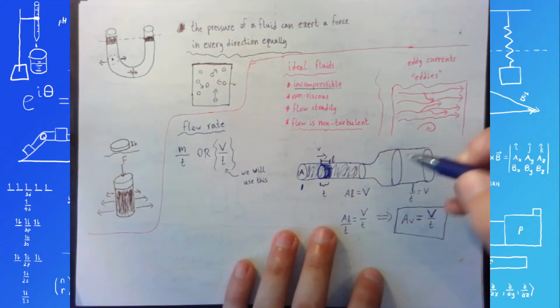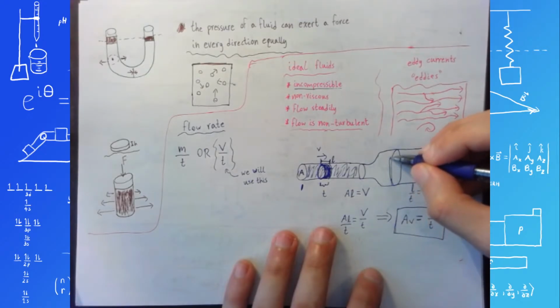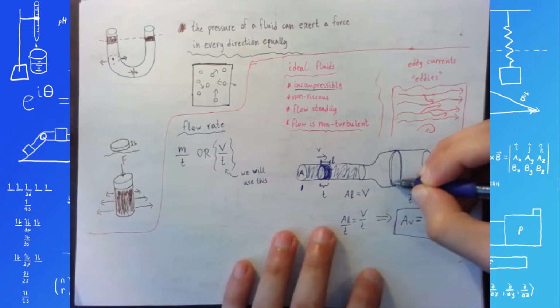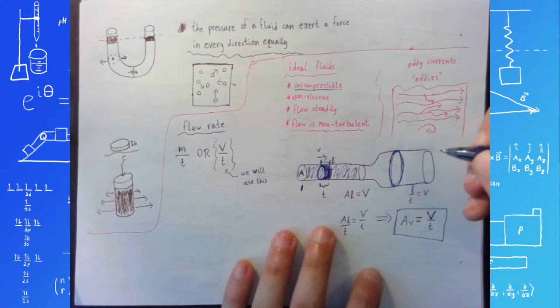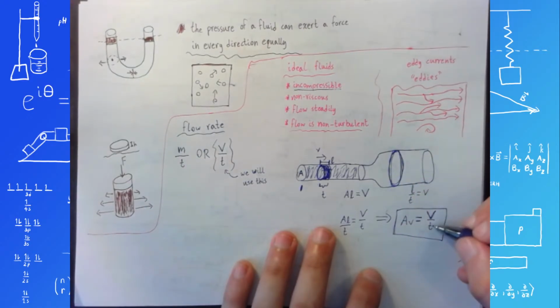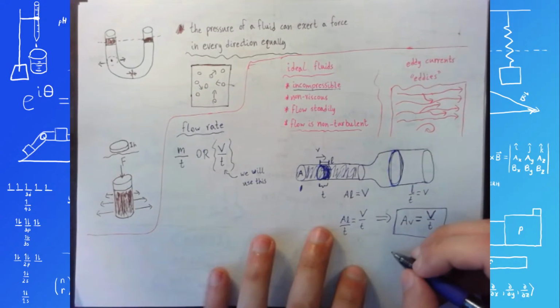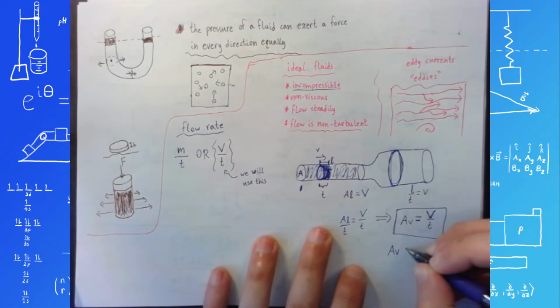It has to come out at the same rate that it's coming in. So if I've increased this cross-sectional area and I want V over t to be constant, then A times v needs to be constant.